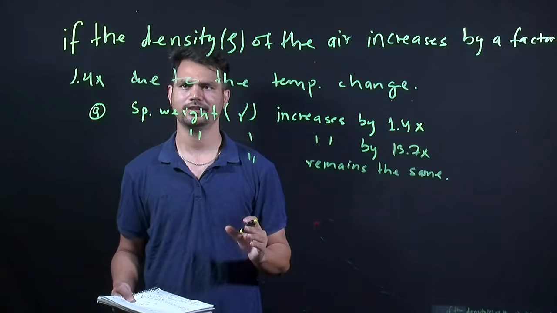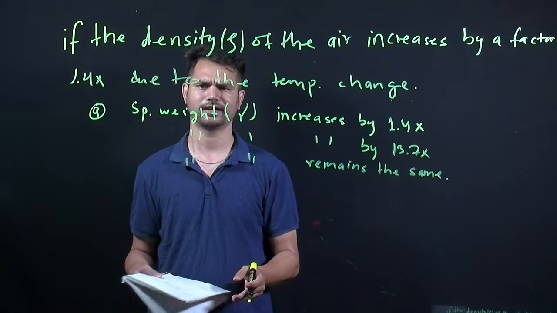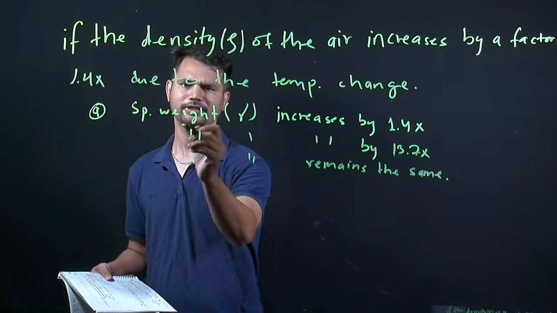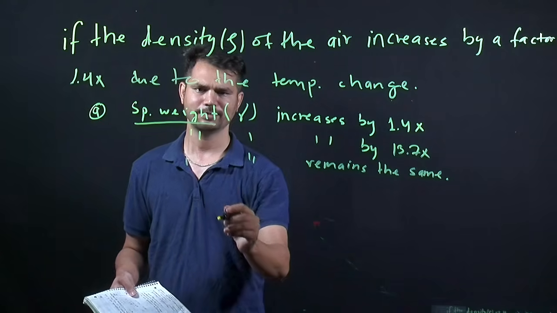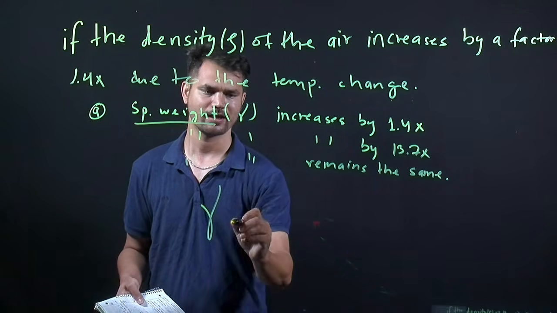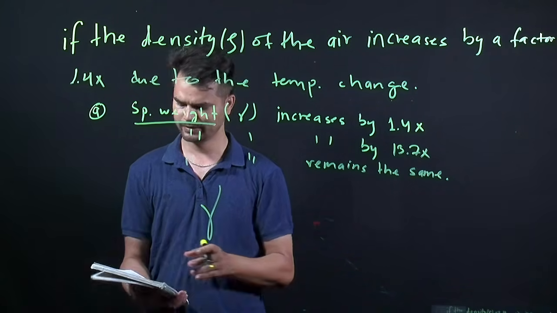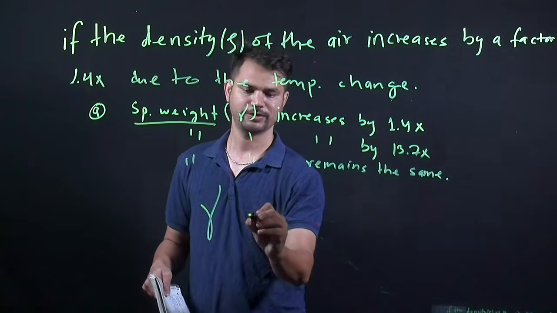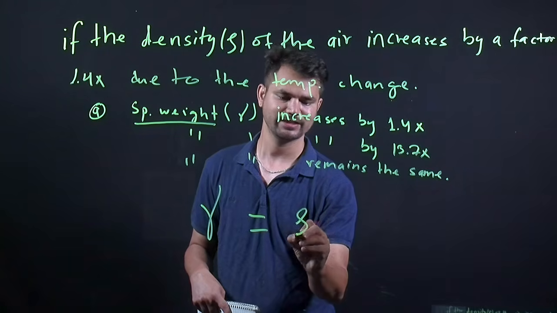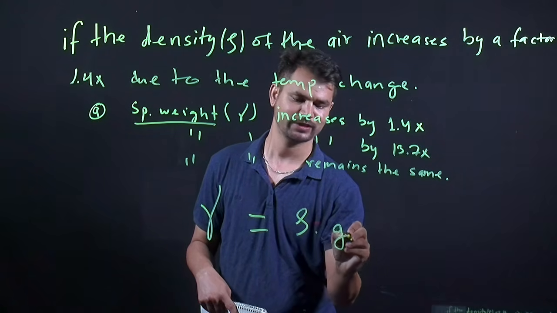So here what we need to understand is what specific weight means. Specific weight gamma is equal to density times acceleration due to gravity.